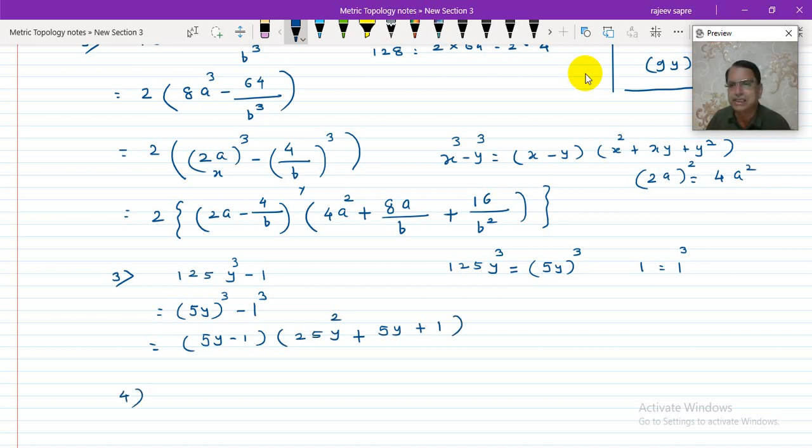See, factorization always means expressing the given thing as a product of two or more terms. Okay, then we will consider 343a cube minus 512 b cube.